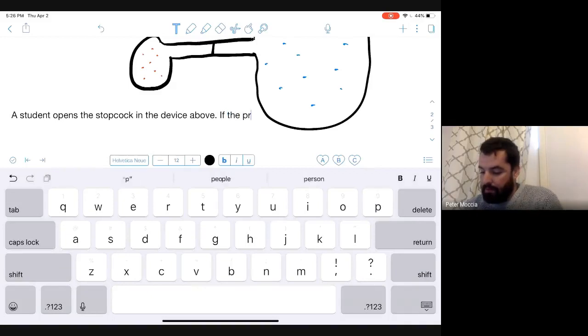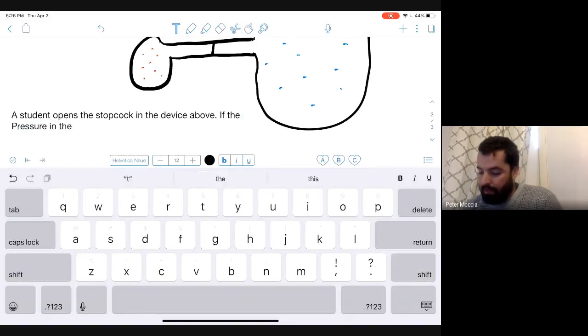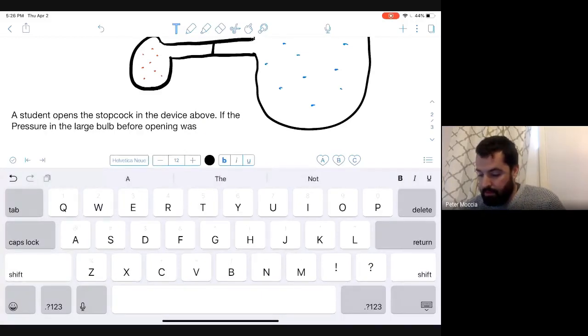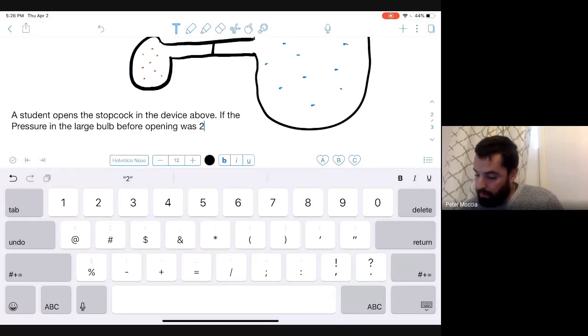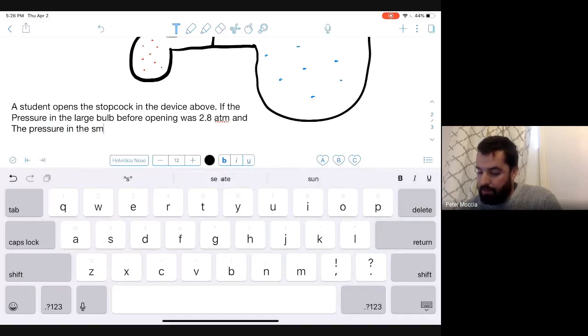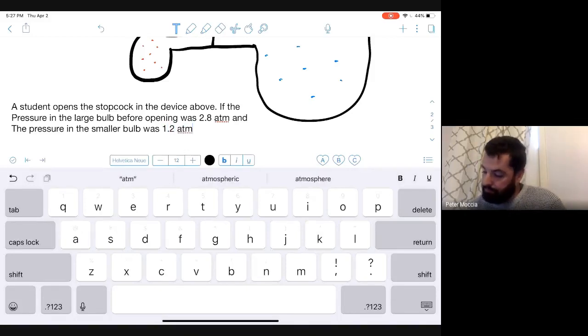If the pressure in the large bulb before opening was 2.8 atm and the pressure in the smaller bulb was 1.2 atm, what are the total and partial pressures?